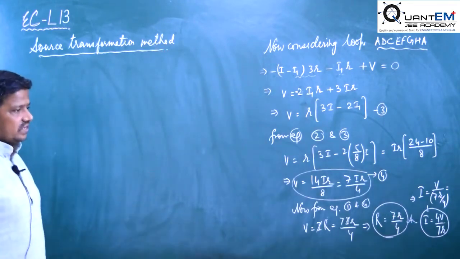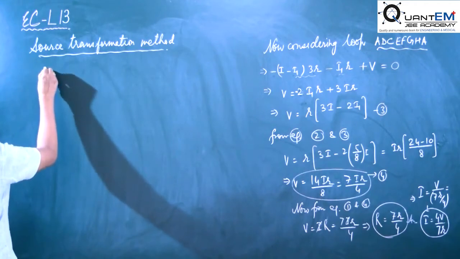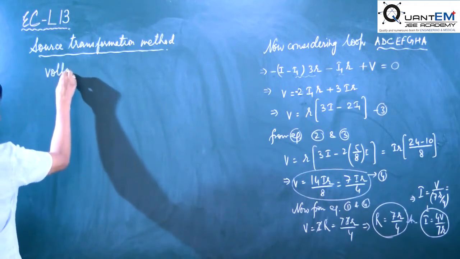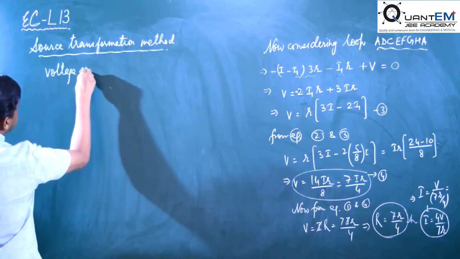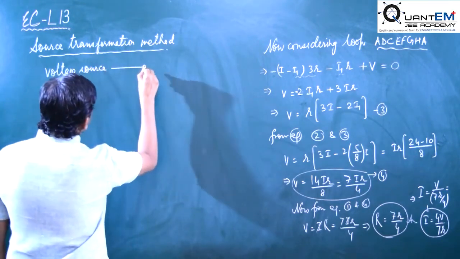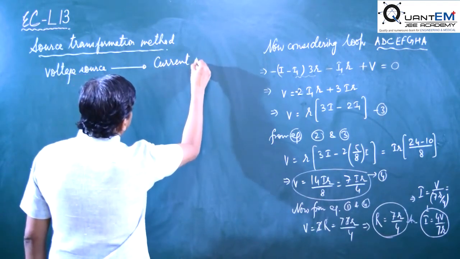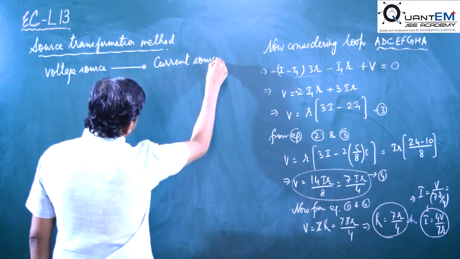Suppose we have a voltage source and we have to convert this voltage source into a current source.